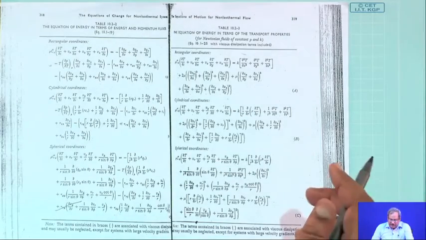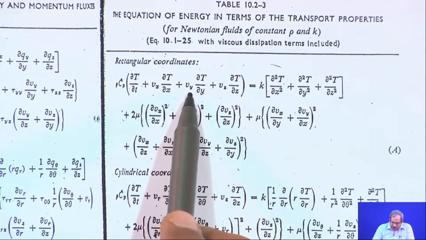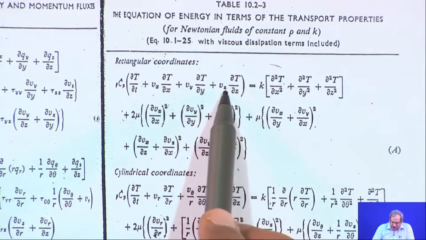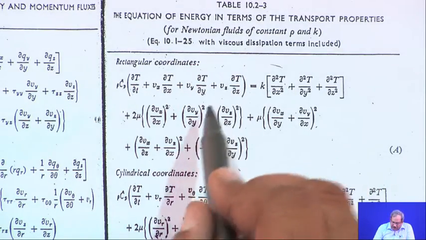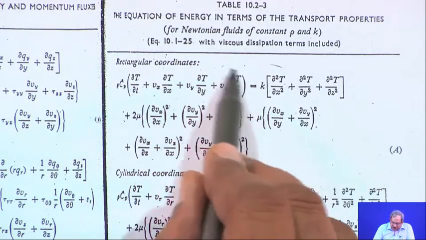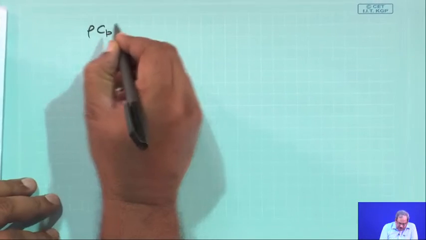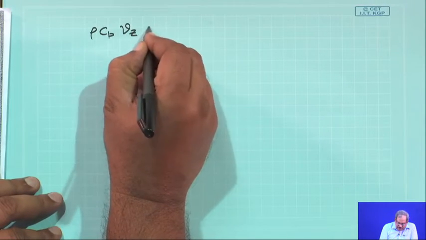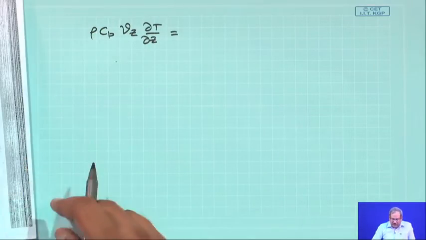If that is the case, then in this equation, this Vx term would be 0, Vy term would be 0, and you have Vz times del T del z. So, what I can write then from the left hand side of the equation is that rho Cp Vz del T del z would remain on the left hand side.